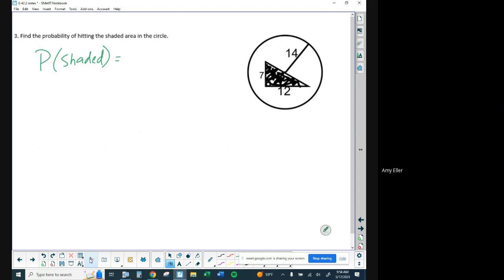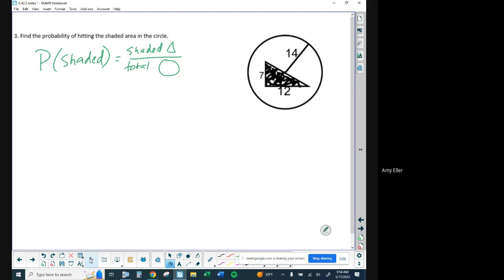I want the shaded, which is a triangle, over the total, which is a circle. If I could find how big the triangle is and how big the circle is, I'd pretty much have my answer.